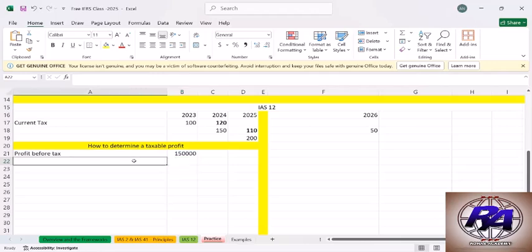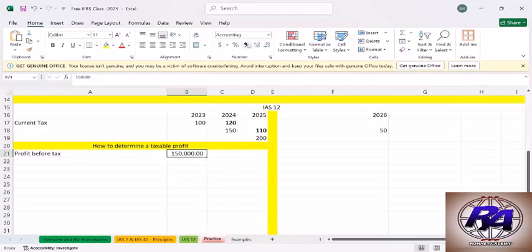Now, there are certain expenditures that have been deducted to derive this profit, but based on the tax laws, they are not supposed to be allowed. They are not supposed to be deducted before you derive this profit over here. The most common one is depreciation.